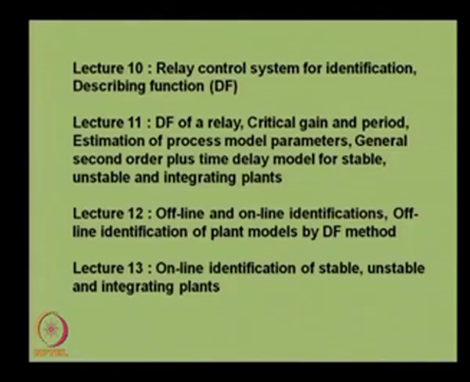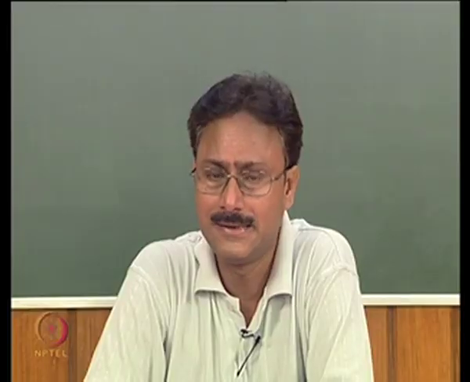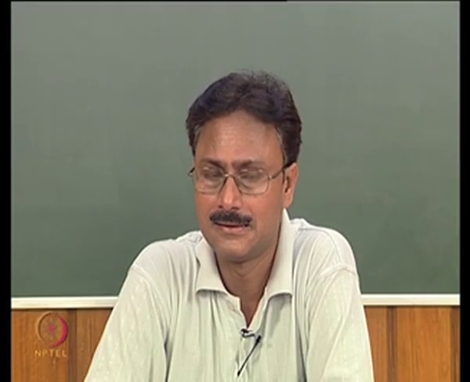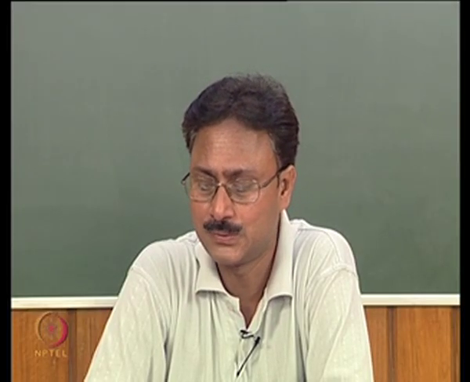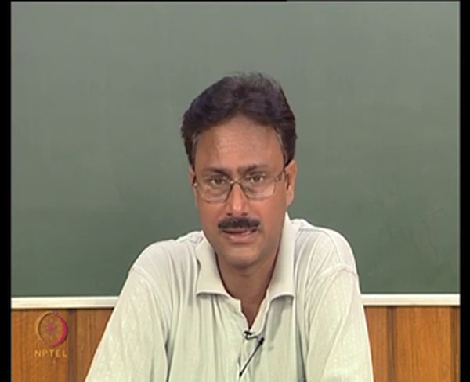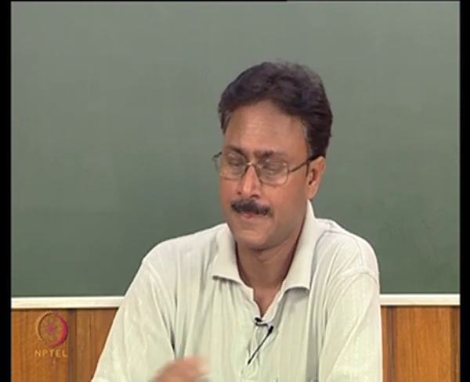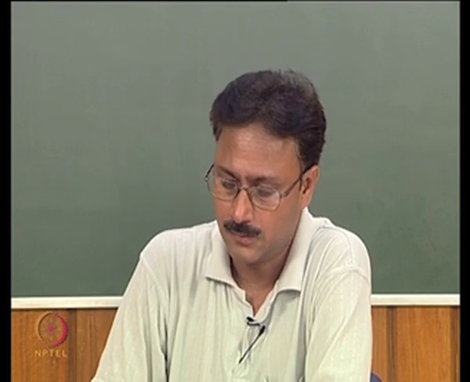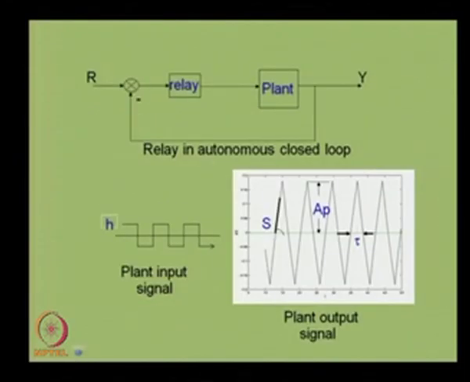Relay control system for identification. Why relay? Why not any other mechanism for identification? It is one of the most simple nonlinear devices that can be employed for identification of many systems. Now, what a relay control system is?